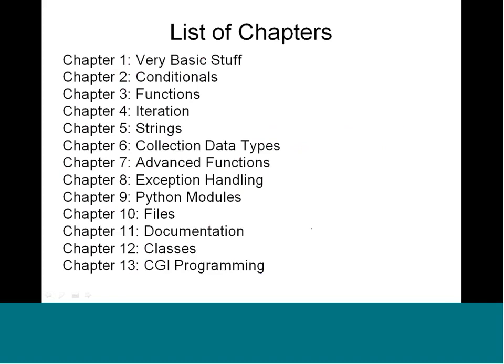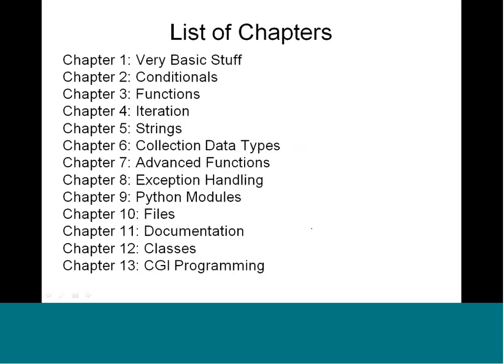So what we will be talking about, we have about 13 chapters that we will be going through. First we look at some very basic stuff as to how to interact with Python, how to do some simple commands, things like that. Then we will go more into details, the conditionals.